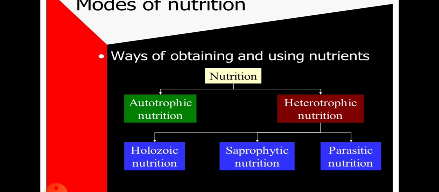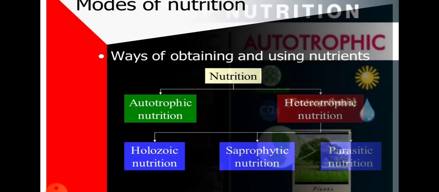First is autotrophic nutrition, second is heterotrophic nutrition. In heterotrophic nutrition, there are three subdivisions: holozoic nutrition, saprophytic nutrition, and parasitic nutrition.